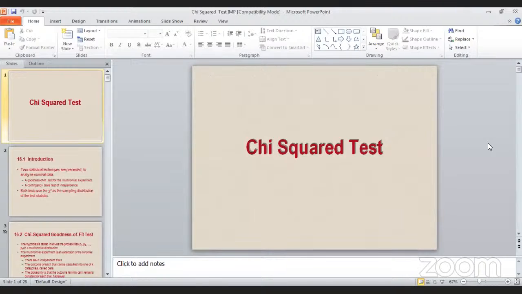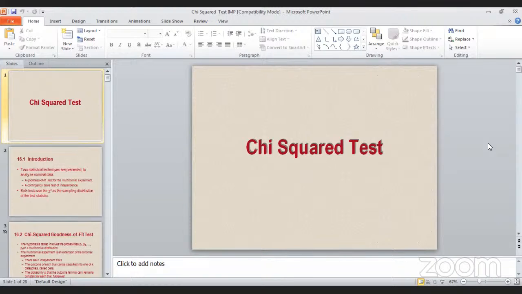So there are important purposes of use of this chi-square test. I have told you that one is to test the goodness of fit. The second is to test the association between nominal and ordinal variables, or among ordinal variables, among nominal variables, or between two or more ordinal and nominal variables.